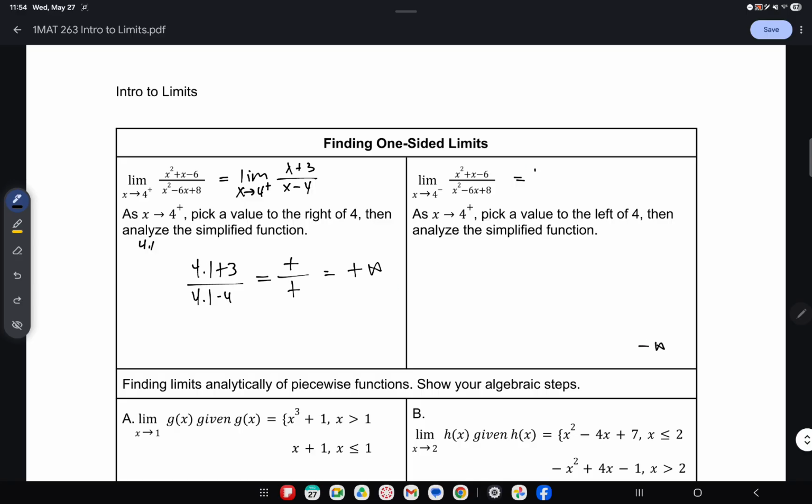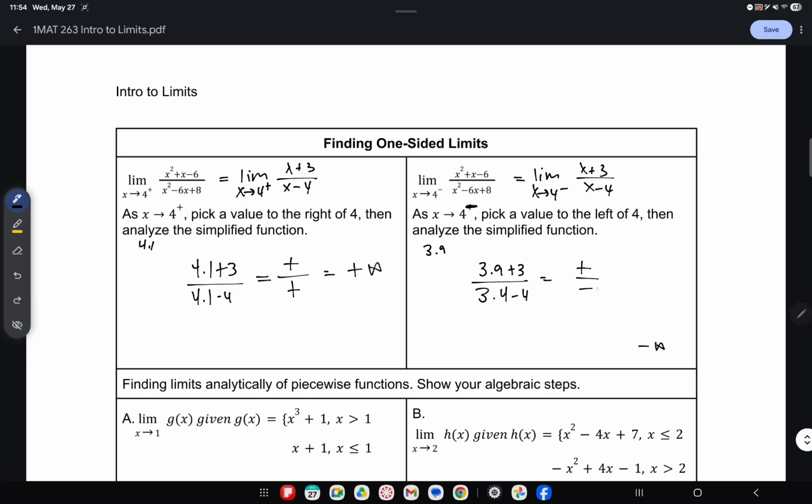because it's got to be the opposite of the other. But we know, all right, the limit as x approaches 4 from the left of x plus 3 over x minus 4. Now we want to pick, ooh, that's supposed to be a minus, a value to the left of 4. So how about 3.9? So 3.9 plus 3 over 3.9 minus 4.